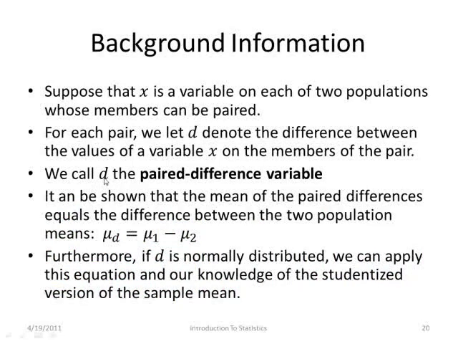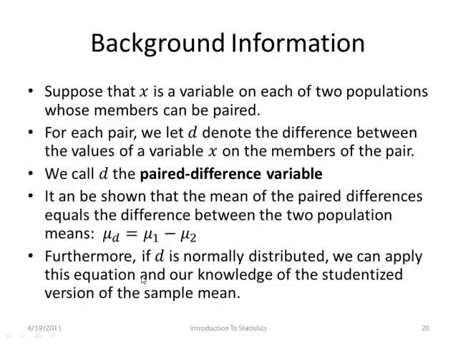So we will call D the paired difference variable. It can be shown that the mean of the paired differences equals the difference between the two population means. That is, the mean of the differences is going to equal the mean of the first population minus the mean of the second population.